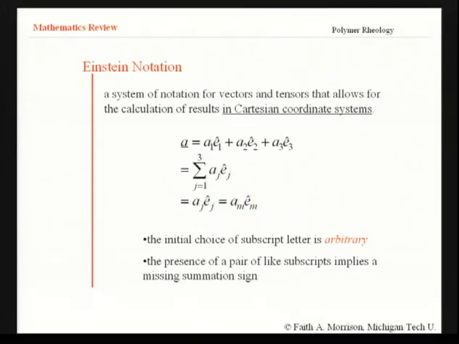Of course, the choice of j or m is completely arbitrary, so these two things are the same thing. And we're not writing the summation sign. So how do we know there is a summation sign? The way we know there's a summation sign is if there's a pair of like subscripts, if there are two of them, if there's a duplicate of like subscripts, there's a missing summation sign.